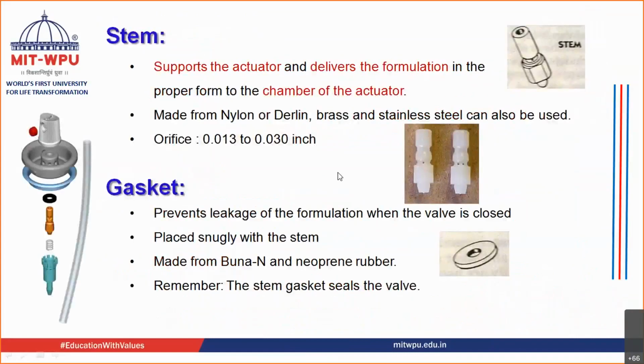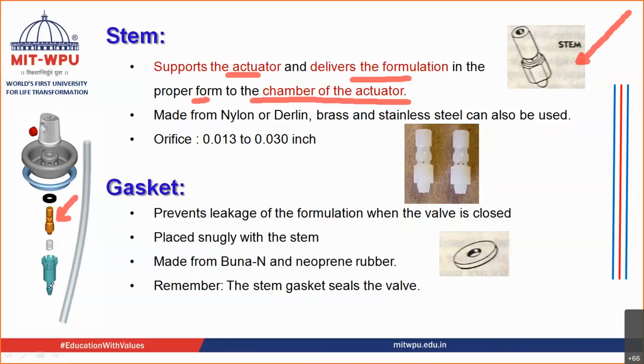The next part of your valve is your stem. If you see over here, this is the stem. This is how the stem looks. It basically supports the actuator, and delivers the formulation in the proper form to the chamber of the actuator.